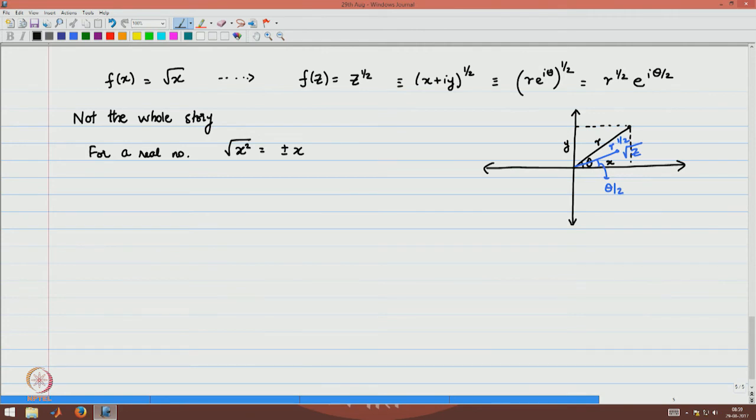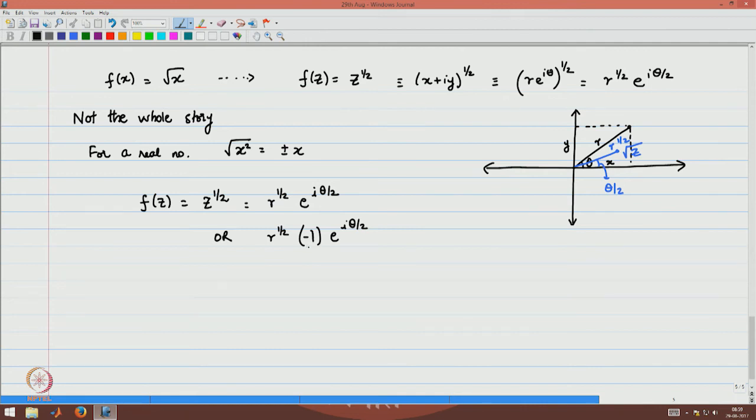Now what does that mean? So you can have f of z equal to z raised to half as r raised to half e to the I theta by 2, or I will write it as minus 1 into e to the I theta by 2. Okay. Now where does this minus 1 come from?